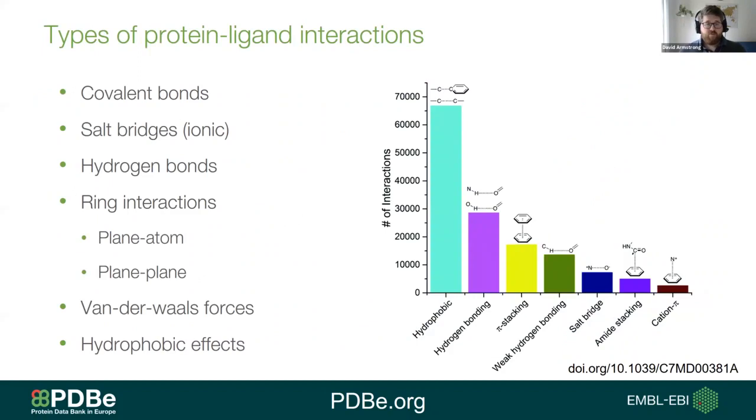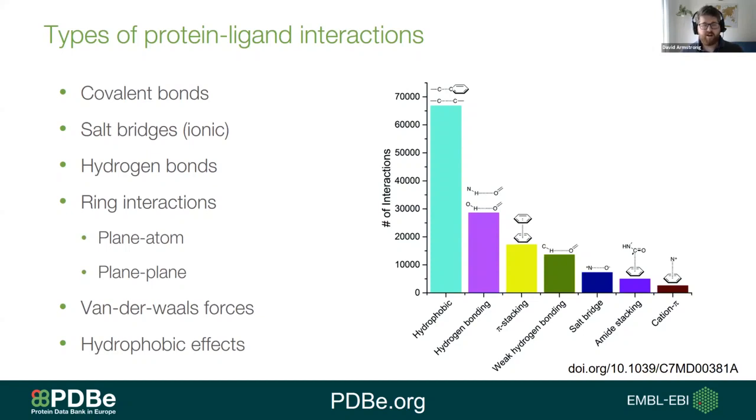So just in terms of what you might want to be aware of in the protein-ligand interactions that are available, there are various different types of protein-ligand interactions. We have covalent bonds, and although a covalent bond in theory involves creating one individual molecule, when it comes to PDBe data, we separate our protein molecules from even covalently bound ligands to simplify and clarify where the protein exists and where the additional bound molecules are.